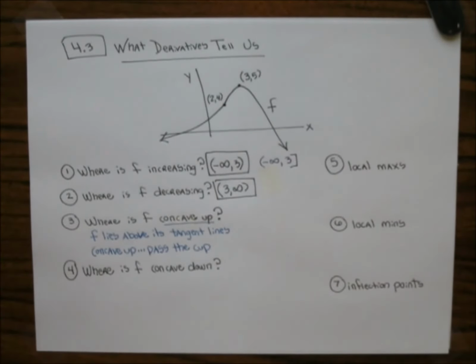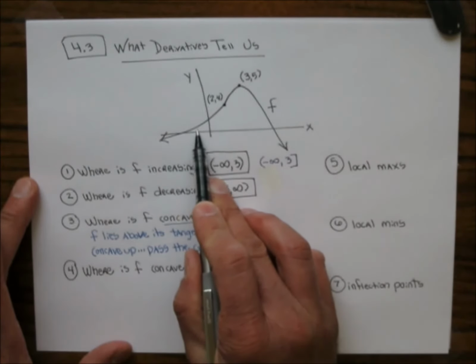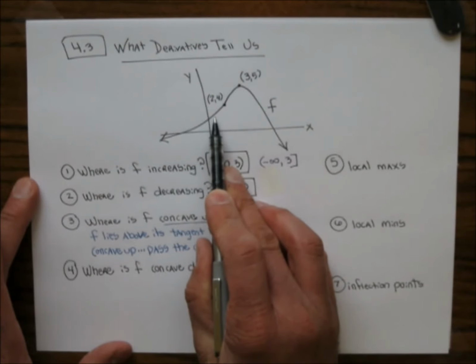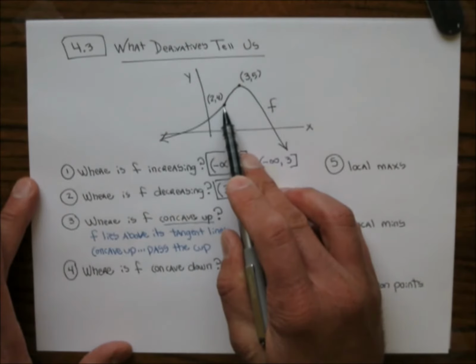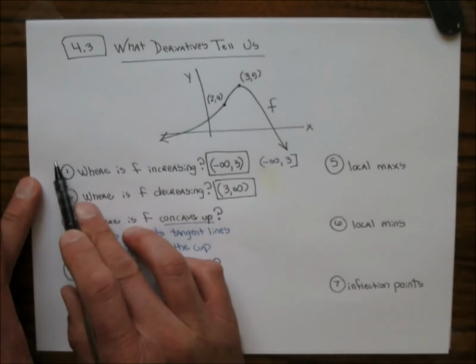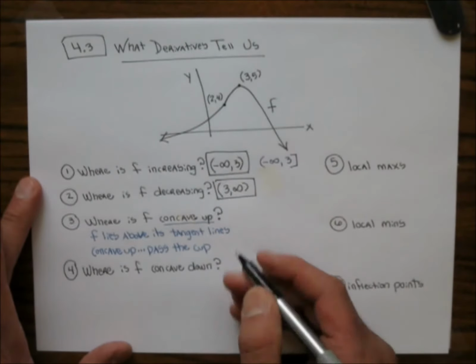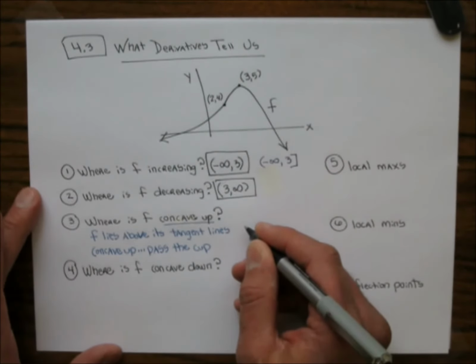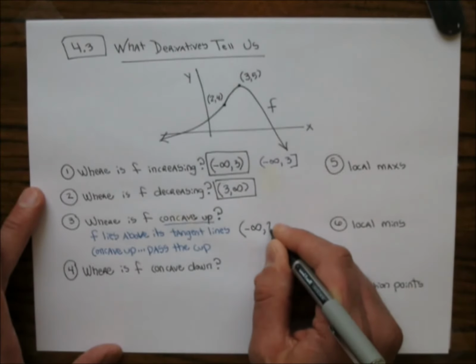Because it looks like a cup. So the tangent line is below each point on that one, and then the curvature starts facing the ground right at this point here, and we'll just approximate it. So it's going to be concave up for the x values from negative infinity to the x value 2.